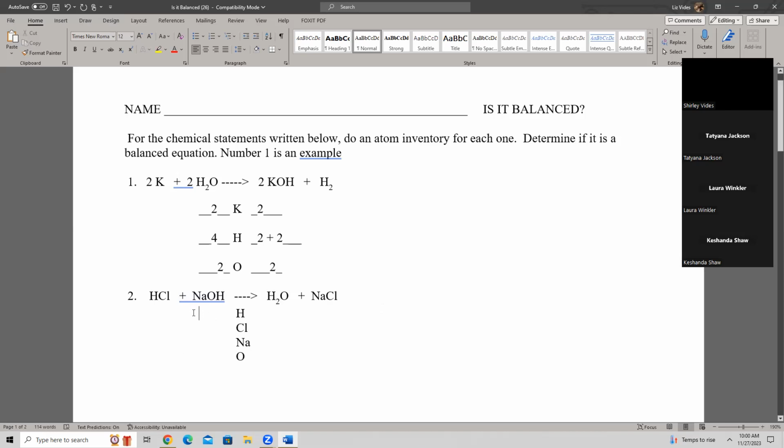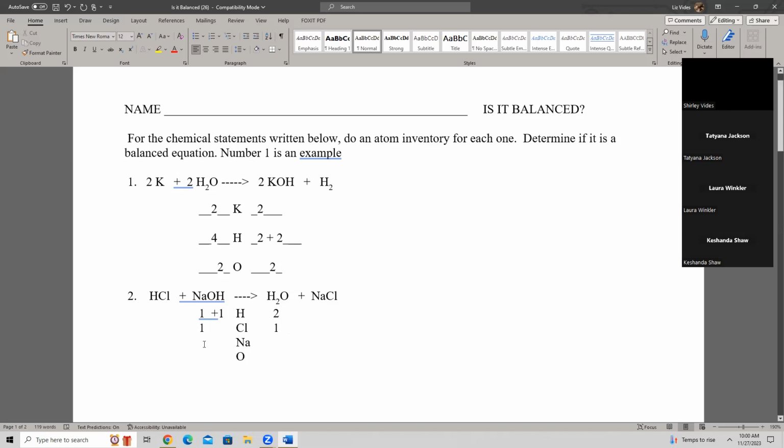Okay, so let's look. On this side, we have a 1 on that one and plus 1 on this one, right? On this side, we have 2, which is correct. That is balanced. On this side, we have 1 chlorine. On this side, we also have 1 chlorine.